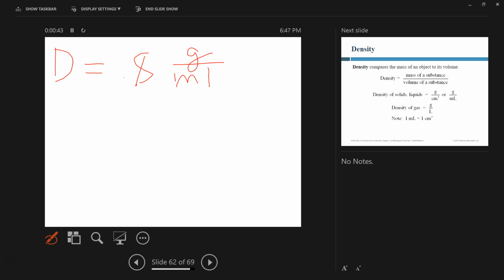That's just density: 0.8 grams per 1 milliliter. Which means if you take 1 milliliter of ethanol, it's going to weigh 0.8 grams. Does that make sense? That statement that I just made.